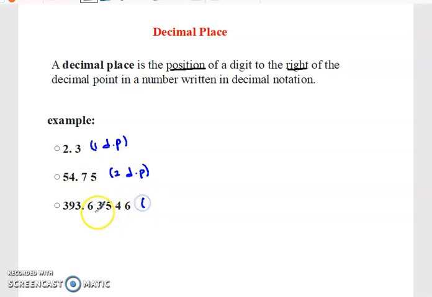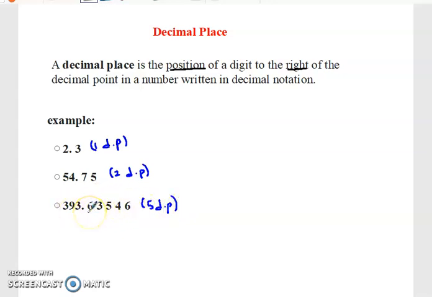And this one now is 1, 2, 3, 4, 5 decimal places. So the amount of digits that follow the decimal point will determine how many decimal places the number is written to.